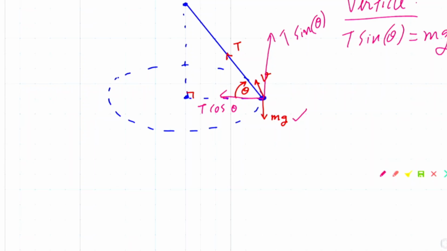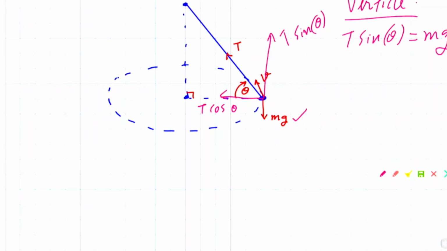Okay. So what about the horizontal force component? T cos theta, right? Is there any force away from that, on the right hand side, to cancel that T cos theta?